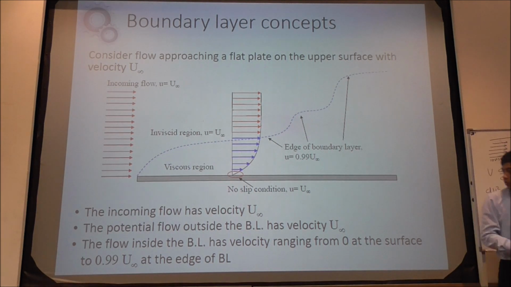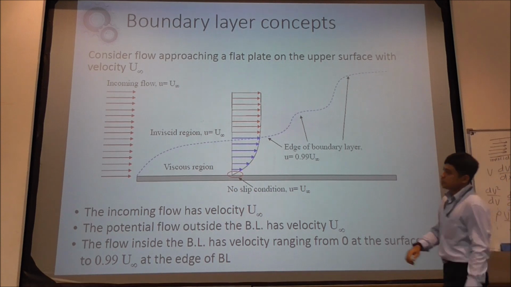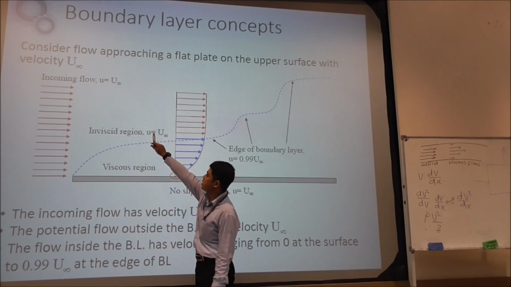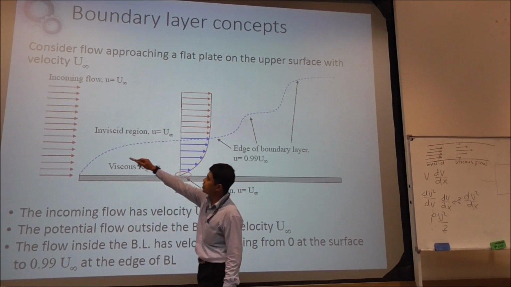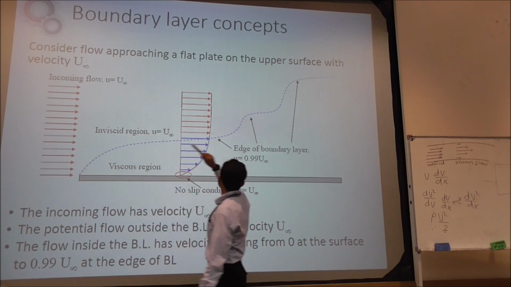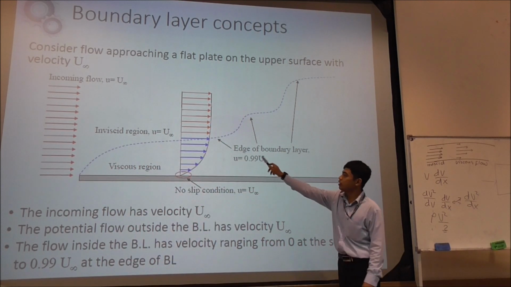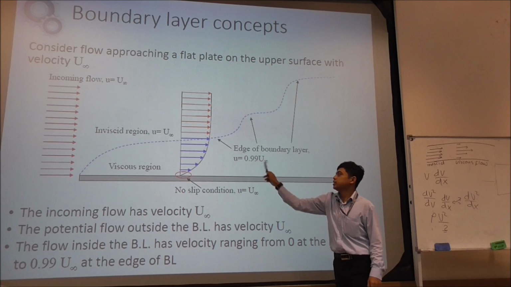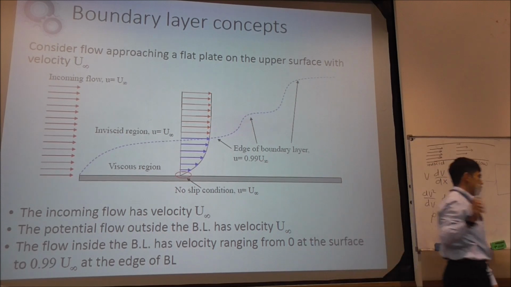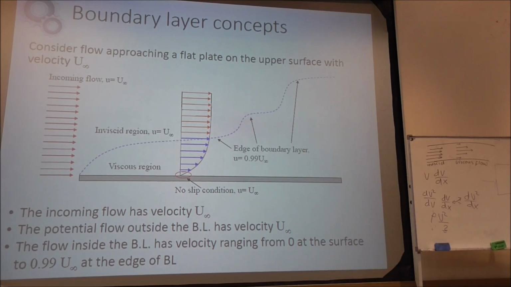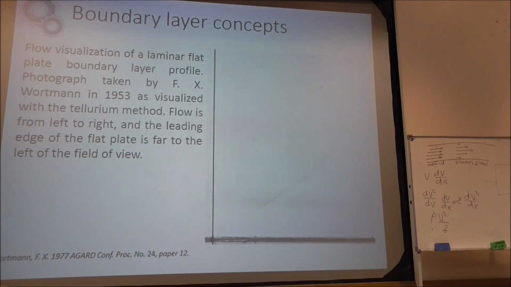So here what we have known is this is the inviscid region, viscous region, incoming flow, and the edge of the boundary layer is characterized by this. This is the real flow visualization photograph.